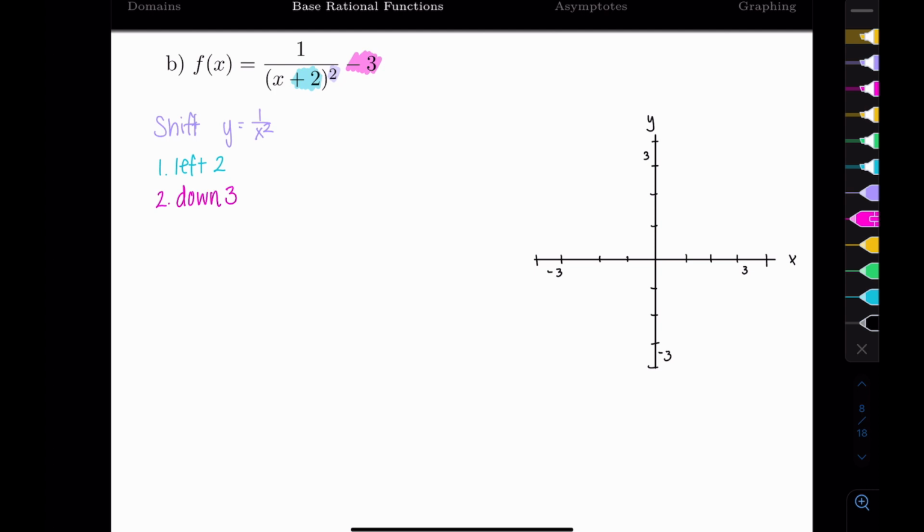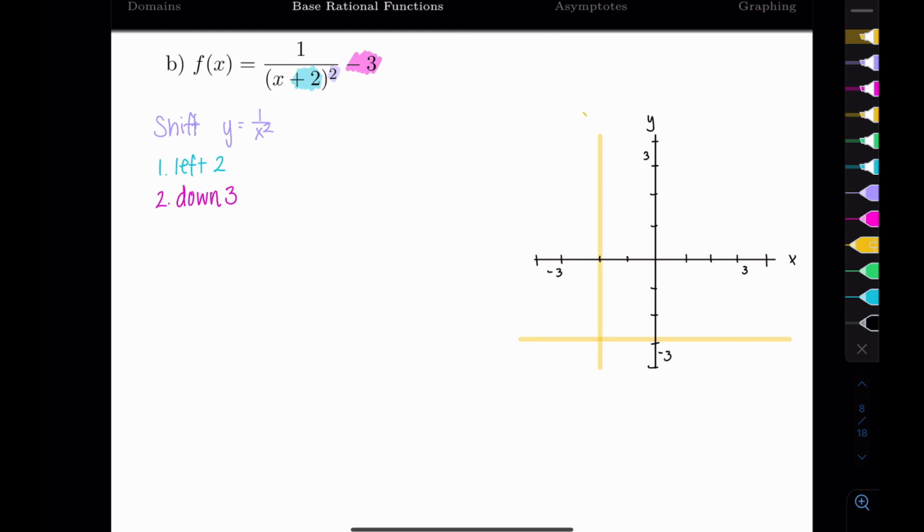Okay. So our normal lines that we were hugging were the x and y axis. When I move it left 2, it's going to move that vertical line to the left 2. And then this one wouldn't move at all. Now I have to move everything down 3. So we're going to hug down here as well.